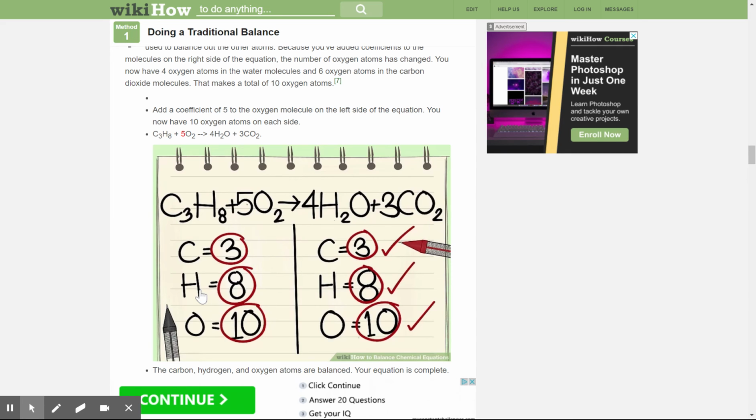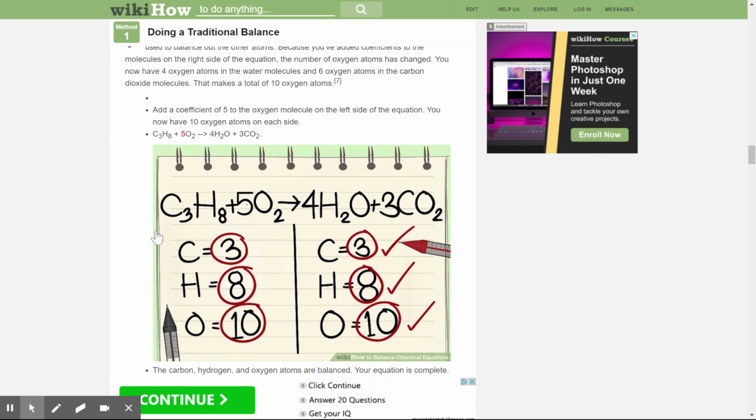And I have 8 hydrogen here and 8 hydrogen there, and 10 oxygen here and 10 oxygen there. So now I'm all happy, because when something is reacting with something else, you cannot create and you cannot lose any elements or any atoms. So they have to be balanced.